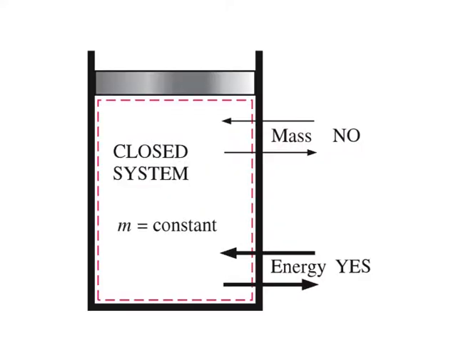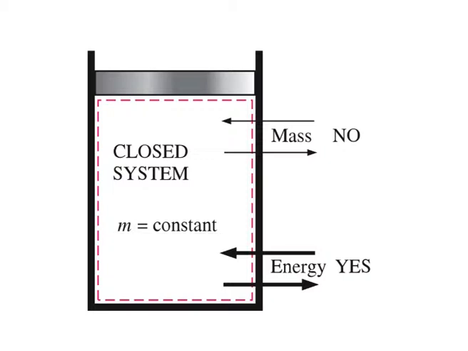Systems may be considered to be closed or open depending on whether a fixed mass or a fixed volume in space is chosen for study. A closed system, also known as a control mass, consists of a fixed amount of mass and no mass can cross its boundary.